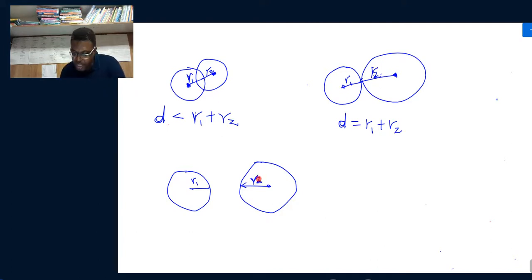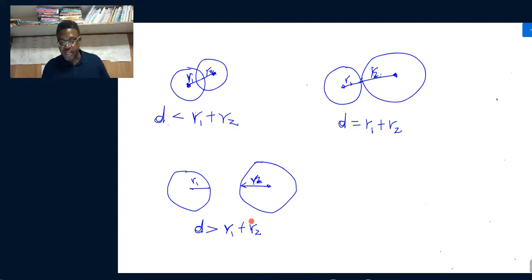Okay, what can you say here? We're saying the distance from center to center is far greater than the sum of the two radii. Depends on your accents. Okay, so this is it.